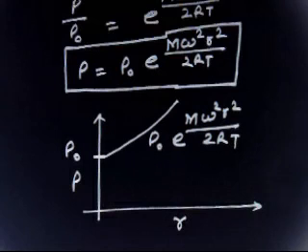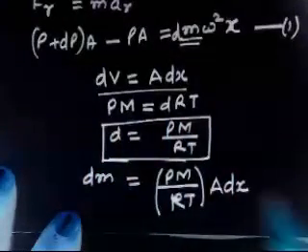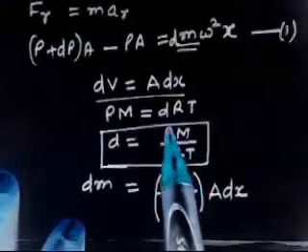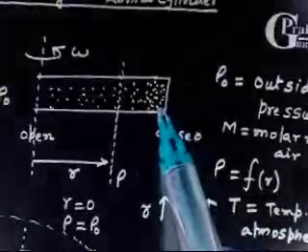Another important part is how to find the mass. Mass will be volume into density, and density we find using PM is equal to dRT. One important thing in this question is that density is not constant. Density is a function of pressure. At this point you have higher pressure, so density is even higher.